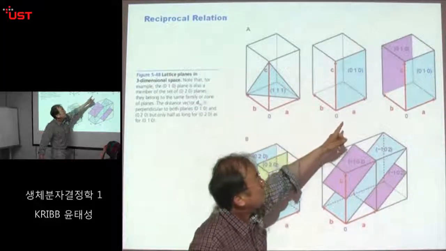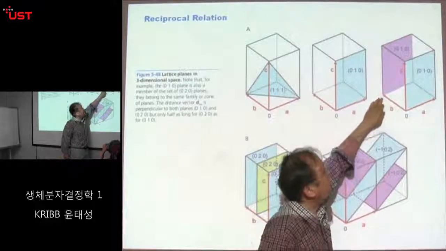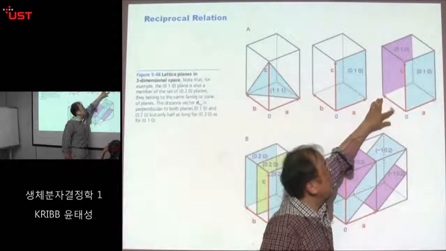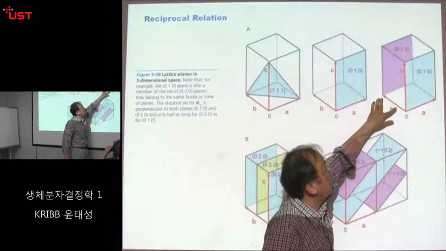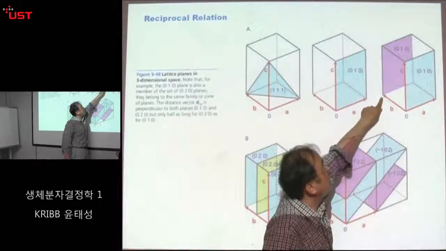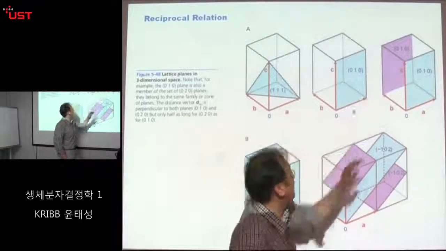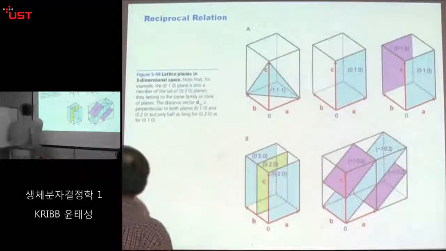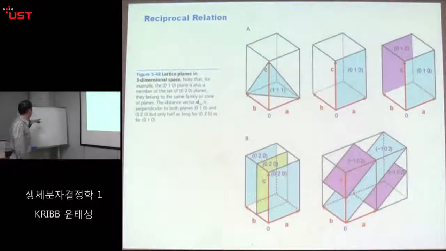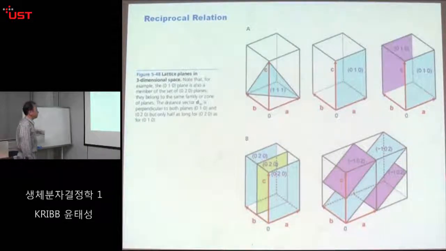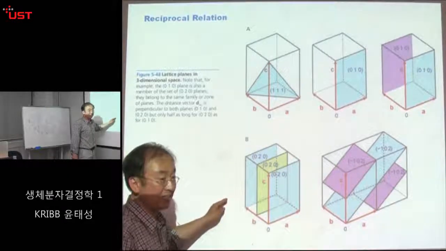0, 1, 0, simple. We take this amount along A and B, along A and C, nothing. Only along B, 1B. We take this one. But here, if you take my advice in terms of constructing HKL, we should take 2B.